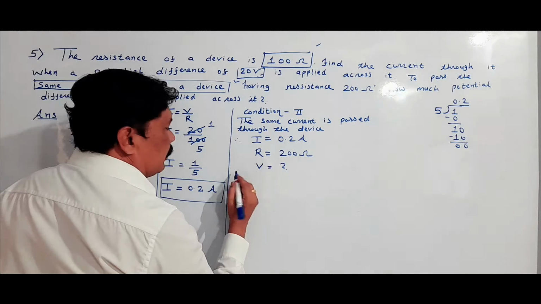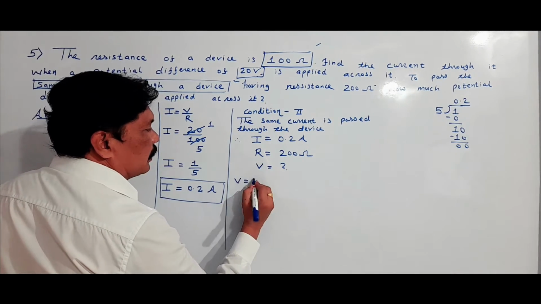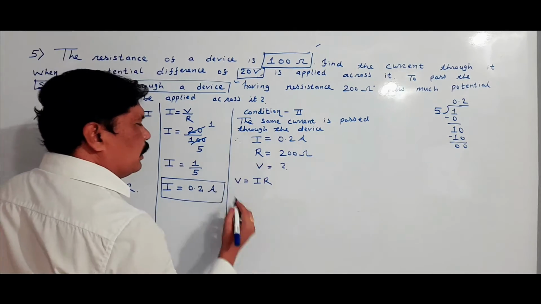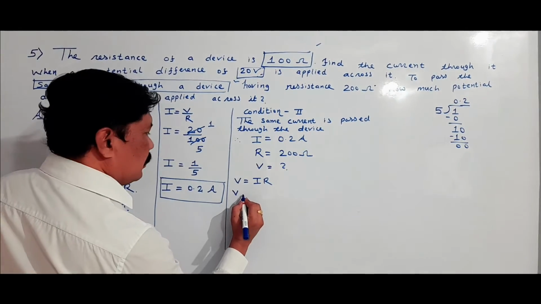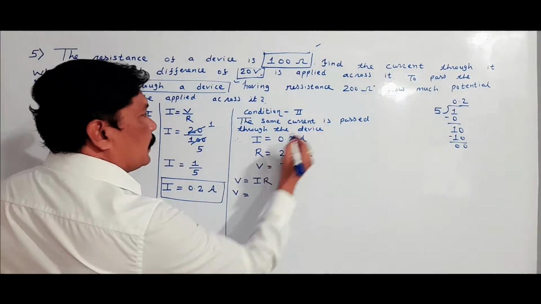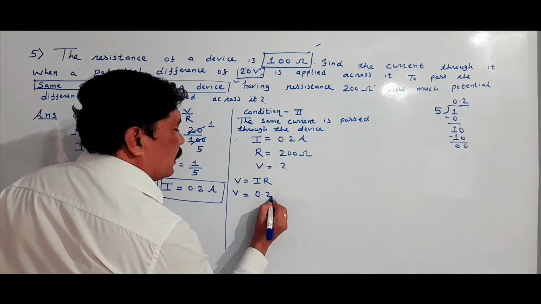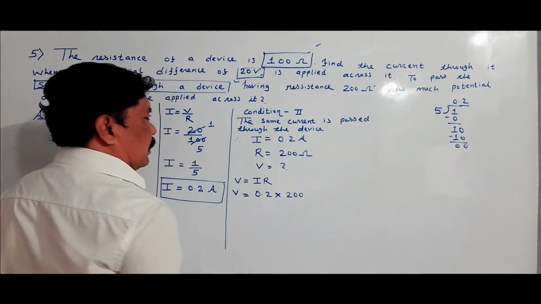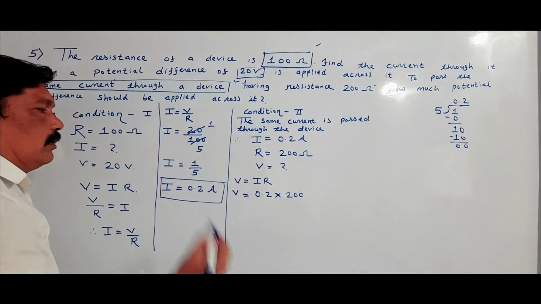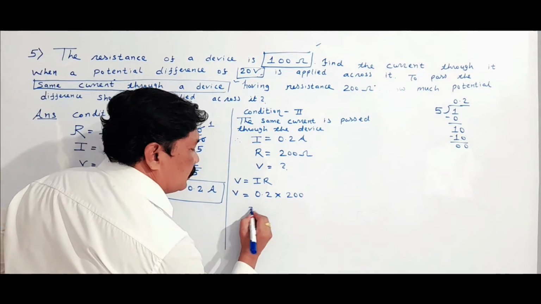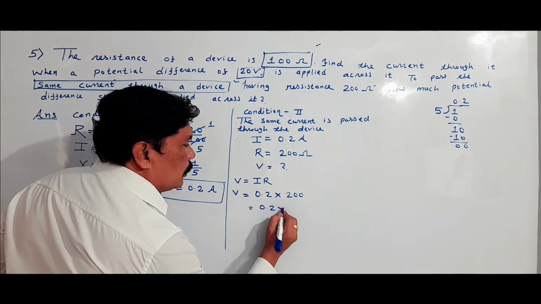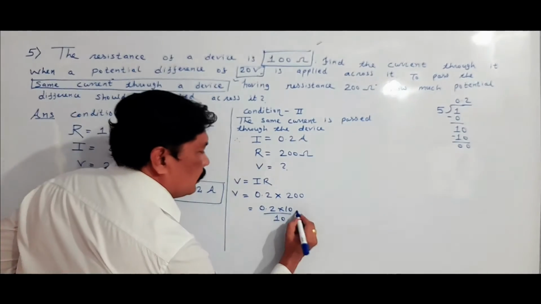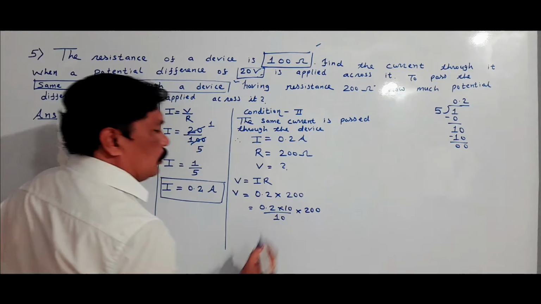Again, my dear student, we know the formula. V is equal to IR. We'll put the value. V is equal to 0.2 into 200. Now, my dear student, we have to remove the decimal point. 0.2 into 10 divided by 10 into 200.